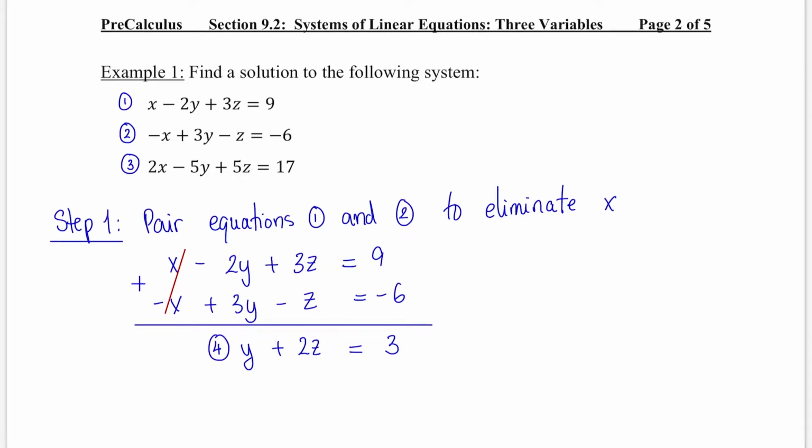Next, I will need to create an equation 5 that is also in terms of y and z. I already used the combination of 1 and 2 to create equation 4, so to create equation 5, I cannot use 1 and 2 anymore. I can use either 1 and 3 or 2 and 3. In this case, I am going to use 2 and 3.